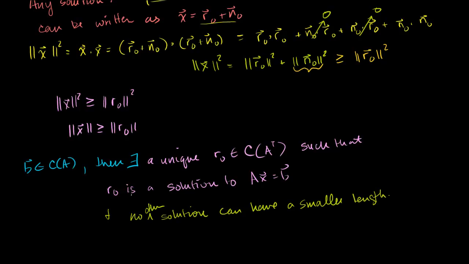Maybe we could write that if you give me any vector b that's a member of the column space of A, then there exists a unique member of the row space that is essentially the smallest solution. We could write small as having the least length to Ax is equal to b, which is a pretty neat outcome. In the next video, we'll explore this a little bit more visually.